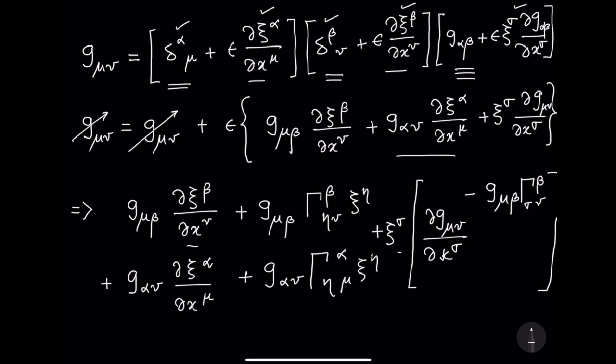That's it. And what happens to this term? Well, xi I am already using sigma, so this is the Christoffel alpha eta. Sorry, no eta. Instead of eta, I will get sigma, and then mu and g alpha nu. Okay, and this entire thing is equals to 0.